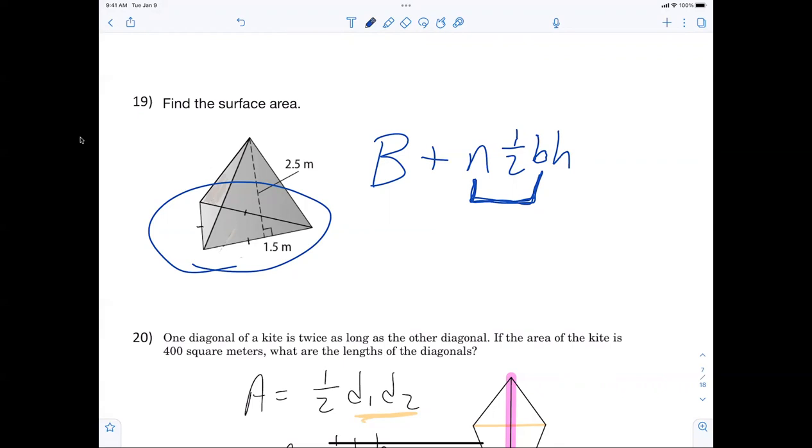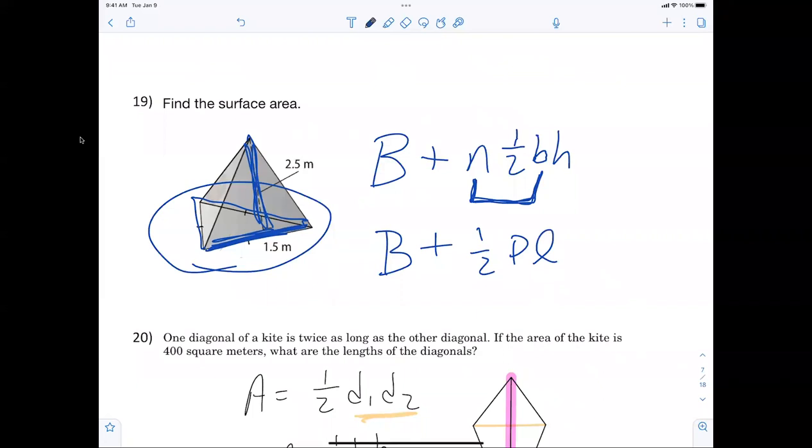What does n times b represent? Perimeter, right, because the number of sides times the base of each triangle gives the perimeter. So that's where you came up with the formula: area of the base plus 1/2 perimeter times the slant height.